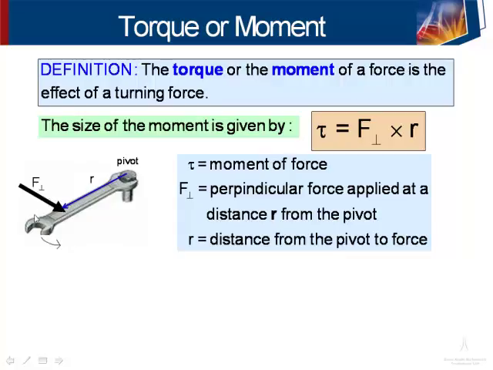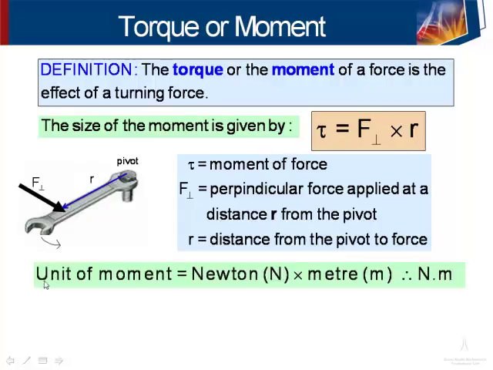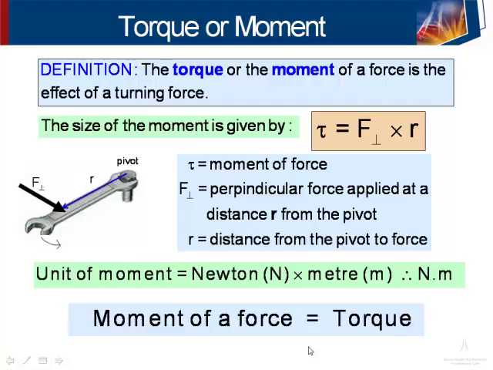Therefore, the moment or the effect of this turning force is calculated by this equation. The force is represented in newtons and the distance r in meters, and therefore the unit of moment is a Newton meter. So remember, the moment of a force is also called the torque.